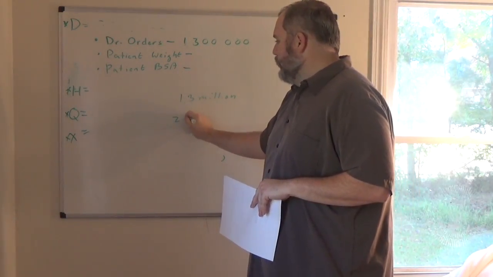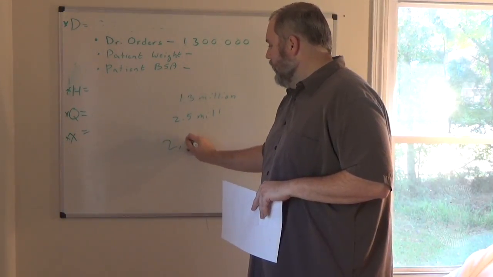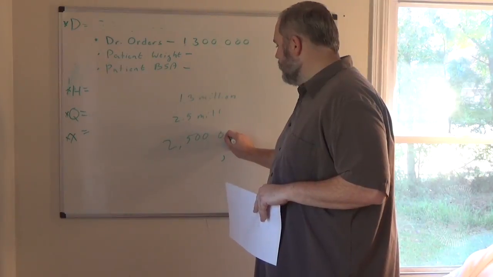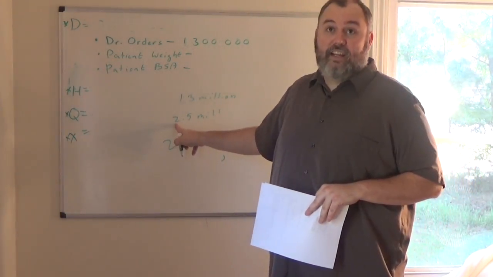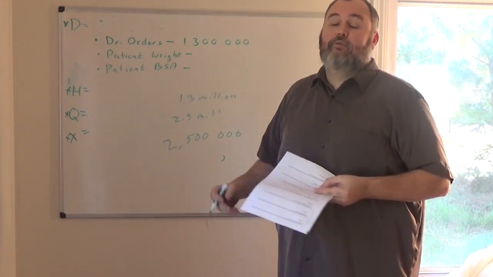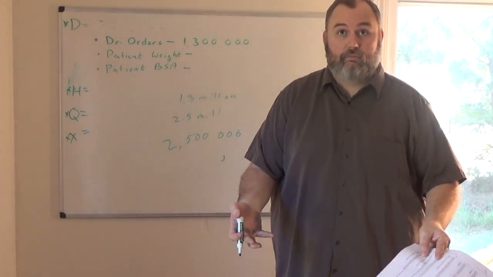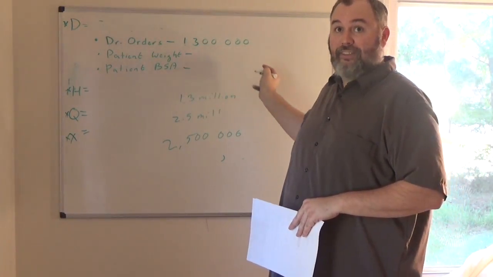So if I gave you 2.5 million, it would be 2,500,000. Okay? The 2 represents your 2 million, and then the 3 or the 5 or whatever represents the 100,000 position. So 1.3 is 1,300,000.